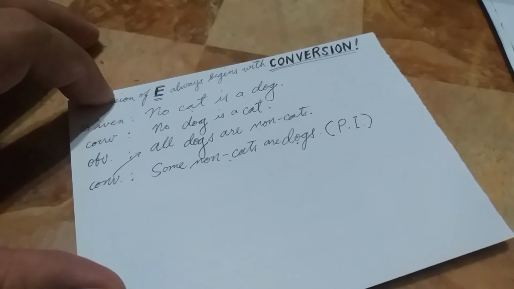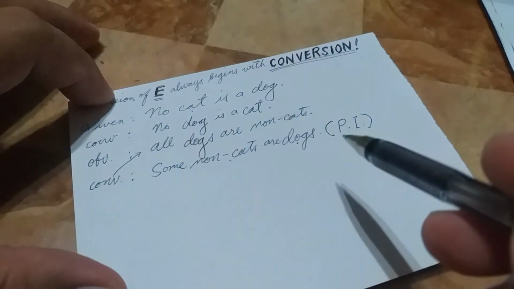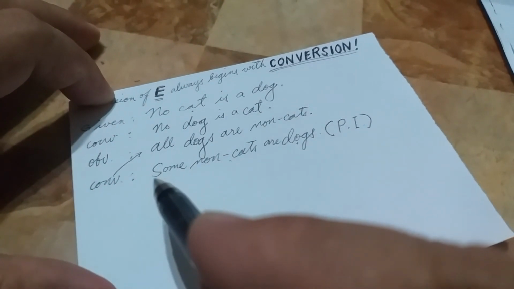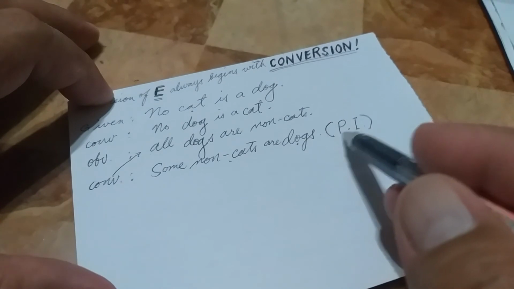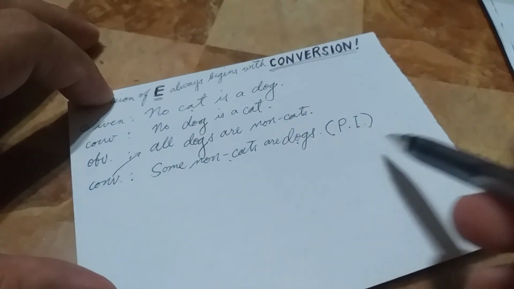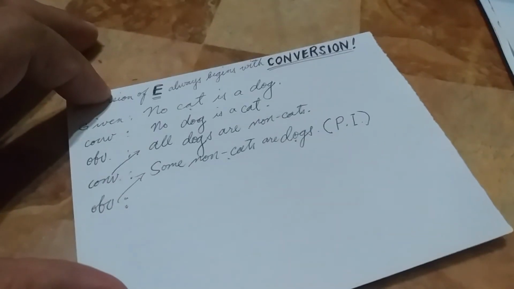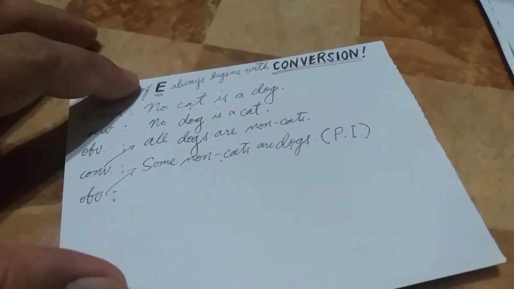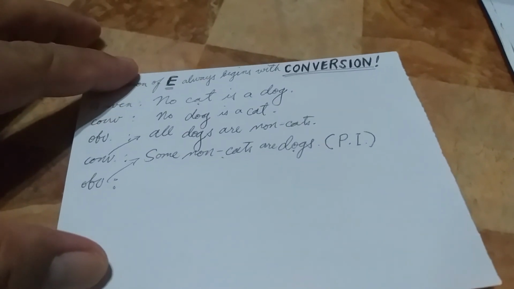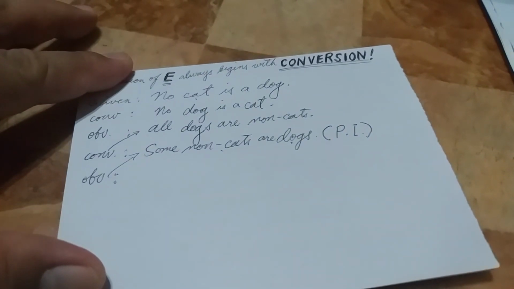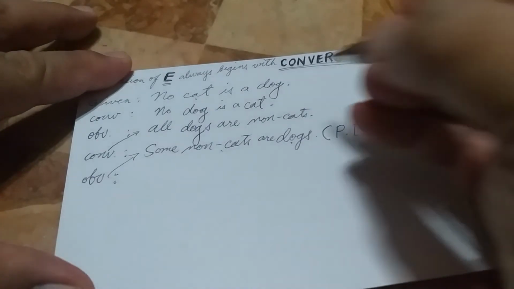Last, from partial inversion, you're going to change it into full inversion. How? The last step is to do obversion. You're going to obvert the partial inversion. Just follow the three-step rule. Retain the subject, non-cats.